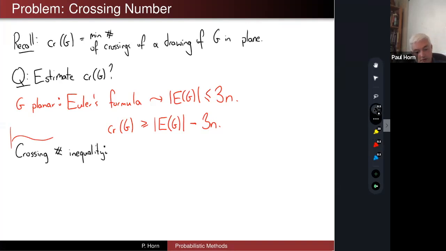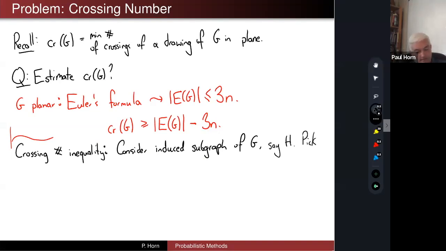So I'm going to consider an induced subgraph of G, let's call it H, where I pick each vertex to be in H with probability p.